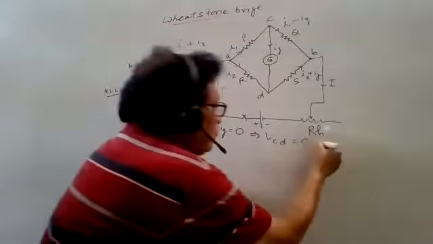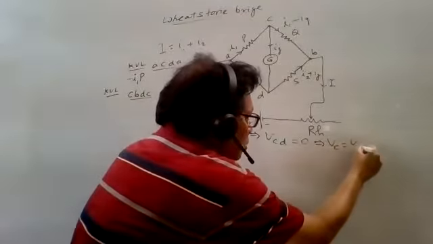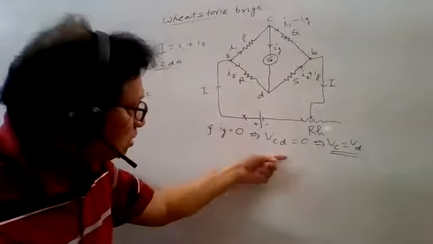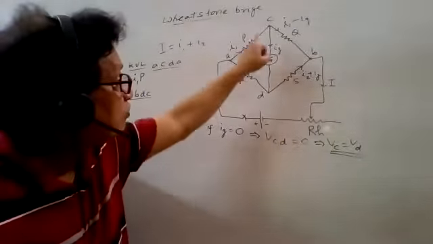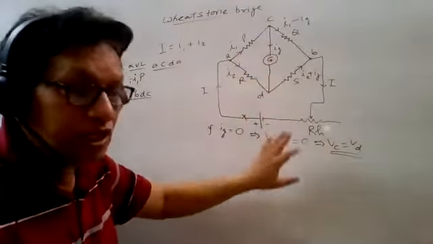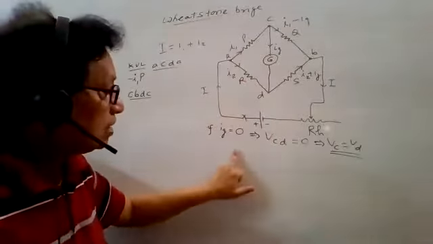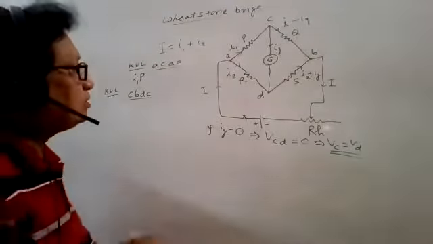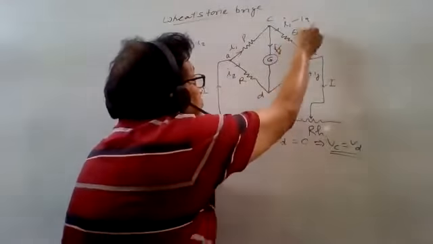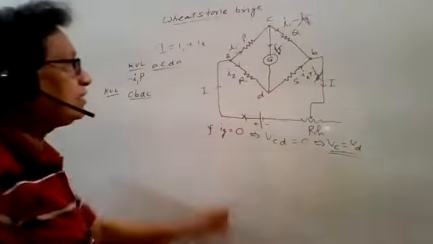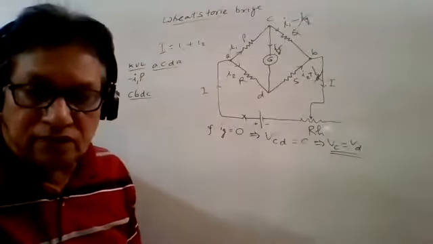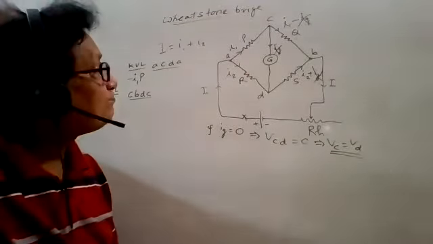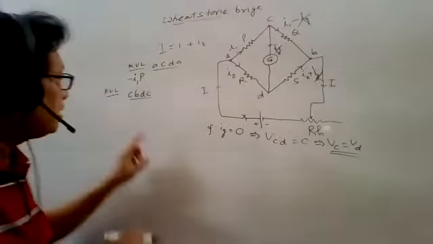It means VC and VD are both the same. This is the particular condition when the voltages of points C and D are equal, the potential difference is 0, and then the current passing through the galvanometer must be 0. So Ig is 0, no current passes through the galvanometer, C and D are at the same potential, and VCD is 0. So we are putting it 0 here.